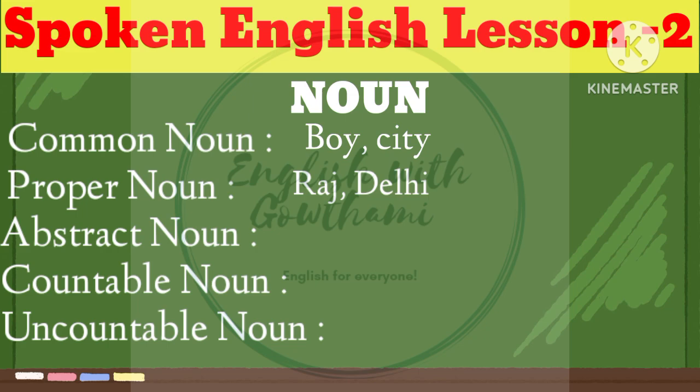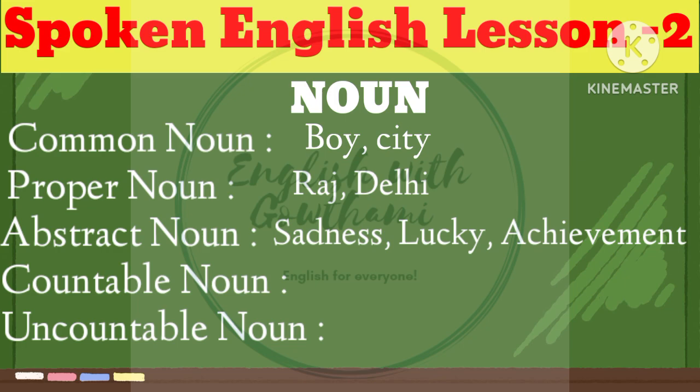Coming to abstract noun, sadness, lucky, achievement. You are going to experience that feeling, but you will not be able to touch it. Those types of nouns are called abstract nouns. We can describe human feelings, human emotions using abstract nouns.